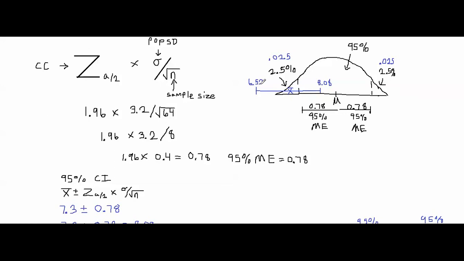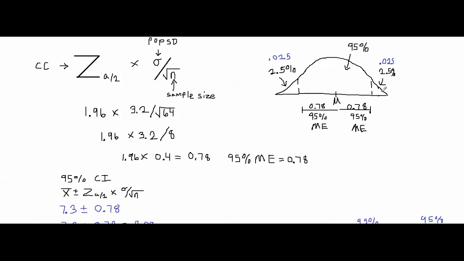So if my sample mean is down here in the lower tail, then that means that the population mean is somewhere above 8.08. The population mean is somewhere above the upper end of my confidence interval, and my confidence interval failed to capture the population mean. This is a situation that I hope didn't happen. I'm hoping that this isn't true, because I want my confidence interval to include the population mean.